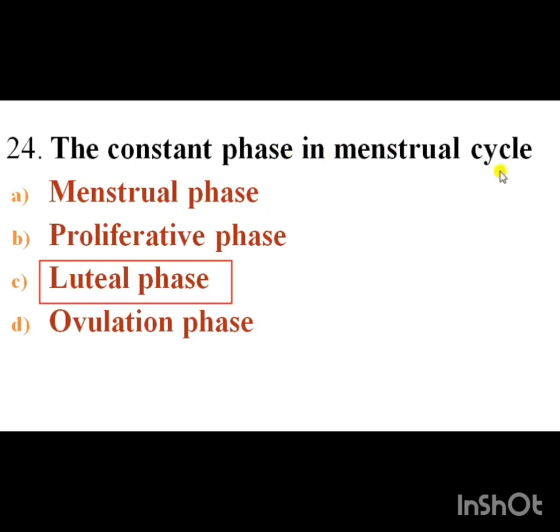The period between ovulation and the beginning of the next menstruation is called the luteal phase, or secretory phase, or post-ovulatory phase. The length of this phase is fixed, that is 14 days. So the most constant part of the female reproductive cycle is the luteal phase.